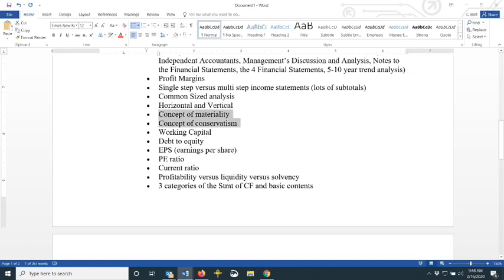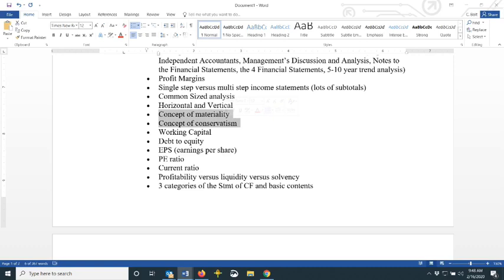These 2 concepts are left over from Chapter 1, so let me discuss them very briefly. Materiality means that in the financial accounting world, we really ignore smaller amounts that wouldn't have an effect on the user. So as an example, you've noticed financial statements are rounded to the nearest million. You've heard me say it doesn't matter if you're a couple of dollars off or a percentage off.